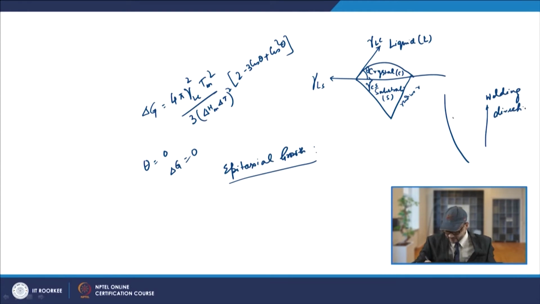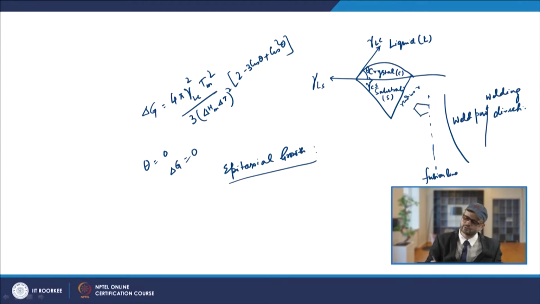What will happen is that you will have a fusion line, and on that fusion line you will have different types of grains. Now, these grains will be growing in these directions.